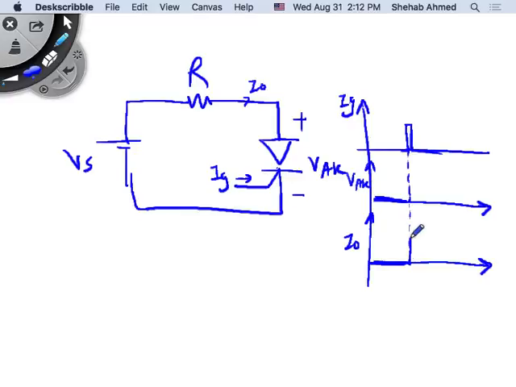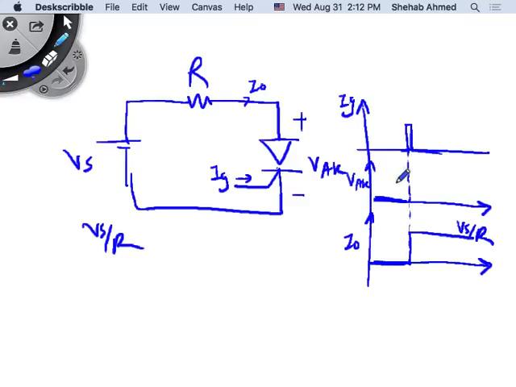It becomes Vs over R, because this device becomes a short circuit. And then what happens to the corresponding voltage? The voltage VAK is supposed to drop, not rise. VAK is going to drop, yes.